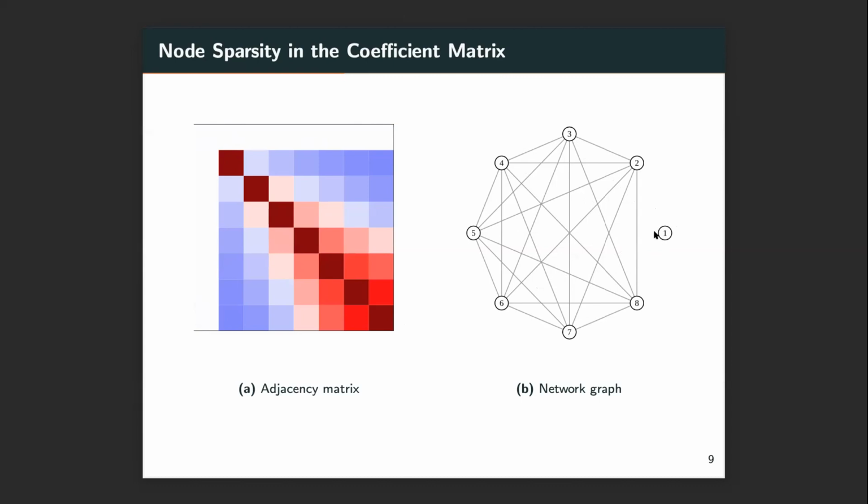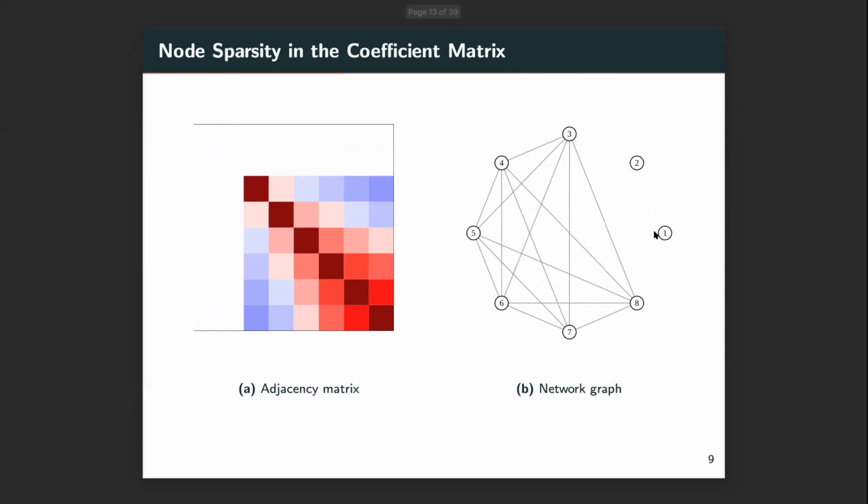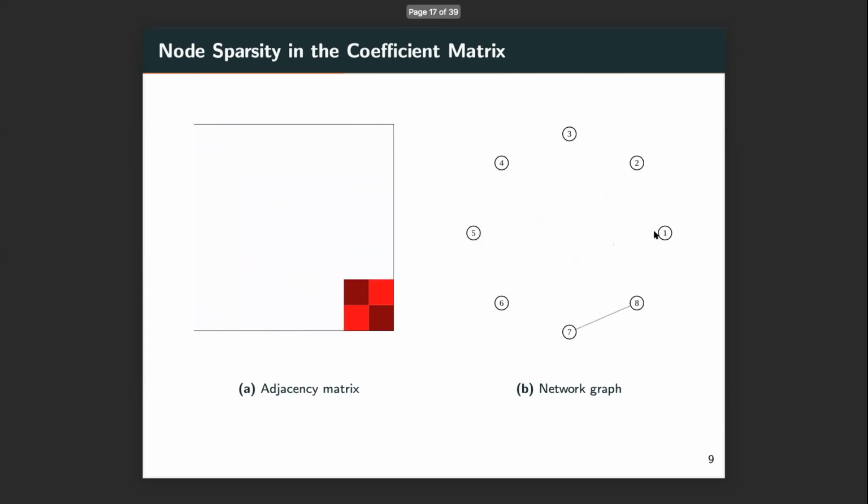If this is our coefficient matrix, node 1 and all of its edges to all the other nodes in the network is not predictive of your continuous or binary response variable. And we introduce a bit more until we get to the most node sparse situation, in which only nodes 7 and 8, and the edge between them, are informative of the response.